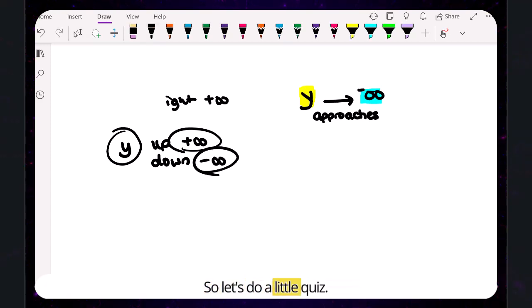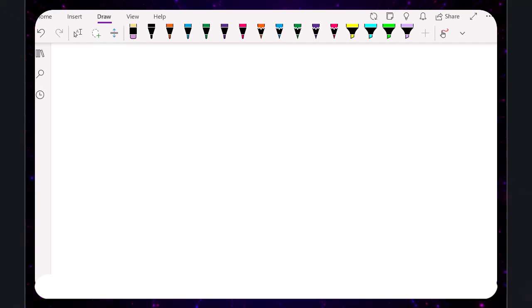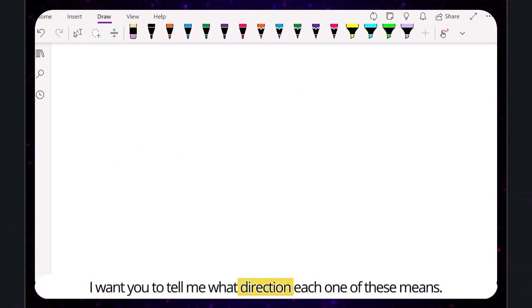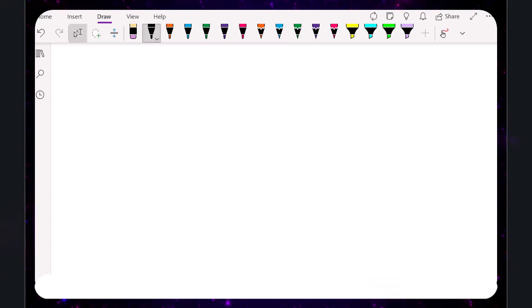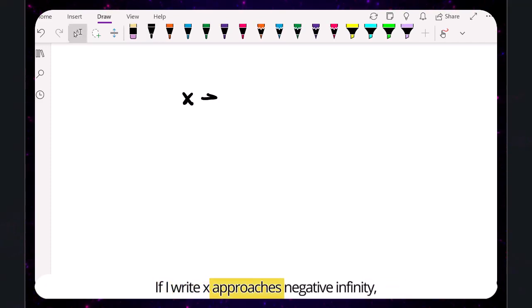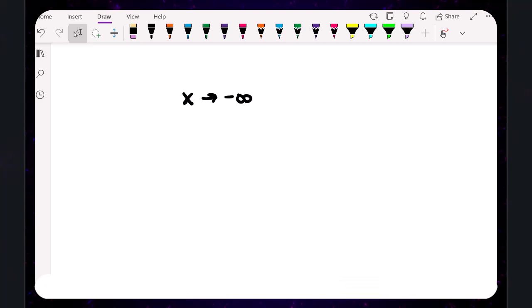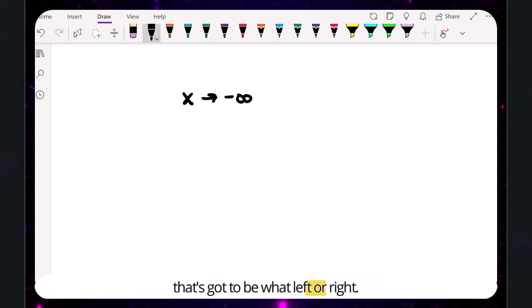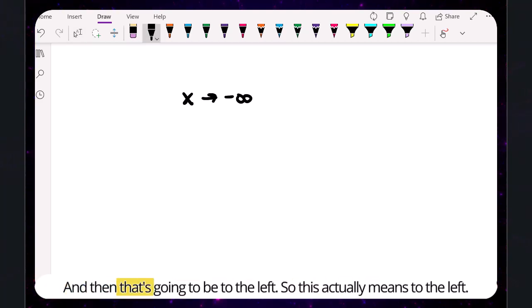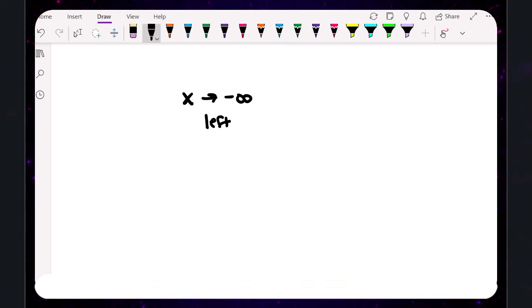So let's do a little quiz. I want you to tell me what direction each one of these means. If I write X approaches negative infinity, that's got to be what, left or right? That's going to be to the left. So this actually means to the left.